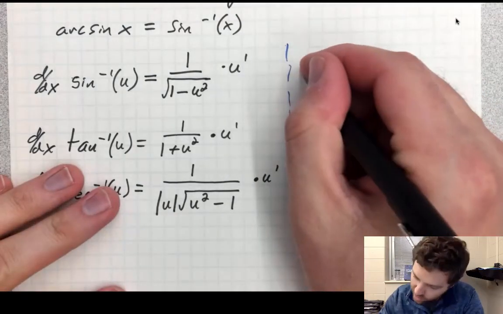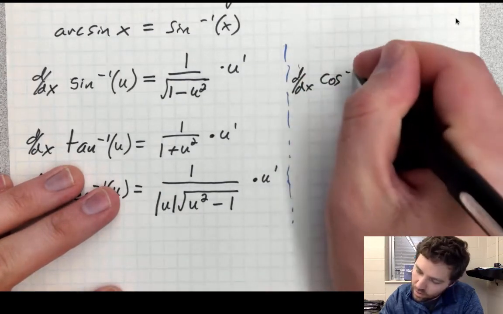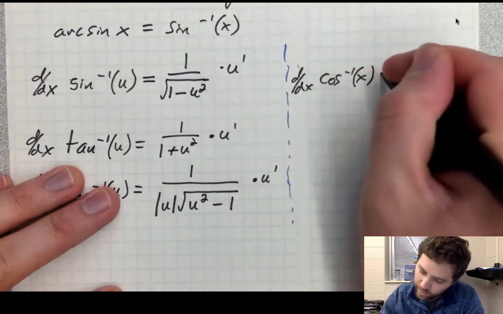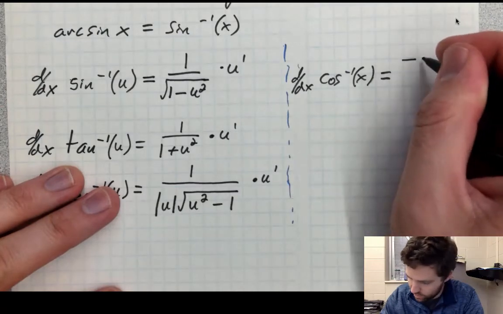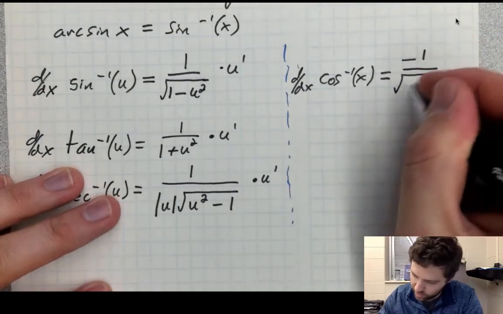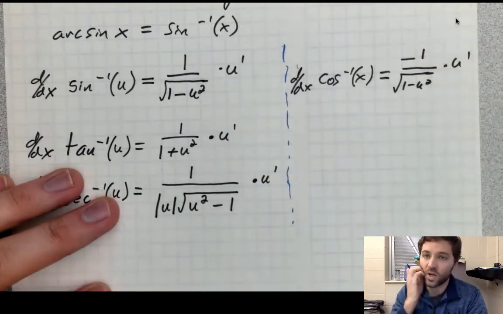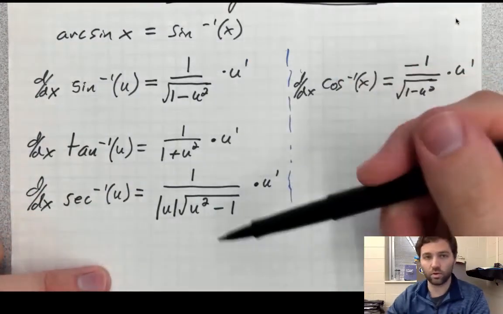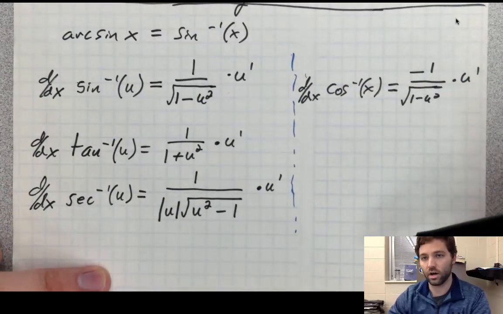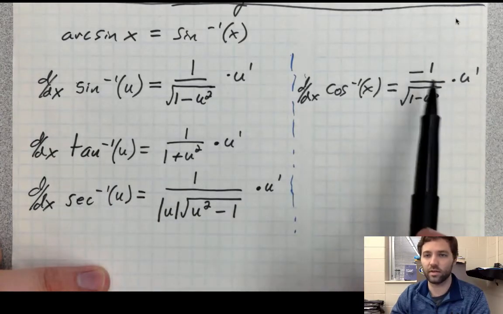The derivative of inverse cosine is equal to negative 1 over the square root of 1 minus u squared times u prime. And the reason I gave them to you in this order is because the cofunctions are the same as the originals, except they're the opposite sign.